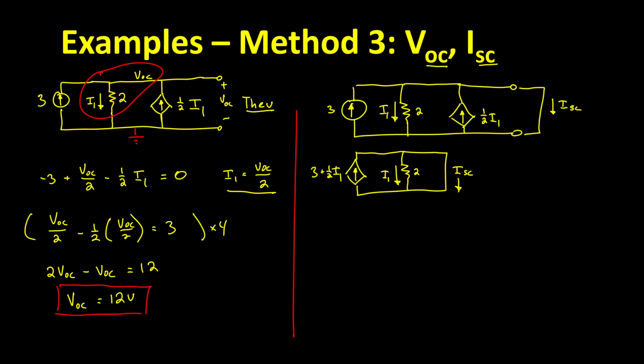Although we could figure out what the currents through each of these branches are using the current divider equation, hopefully it's clear just intuitively that all the current will fall through the short. And that means none will fall through I1, none will fall through the 2 ohm resistor, and so I1 will be 0. And we can just as well rewrite this section as just 3 amps that's all falling through I short circuit.